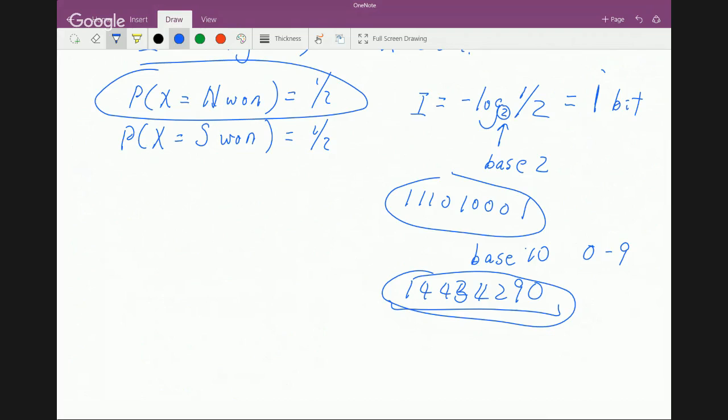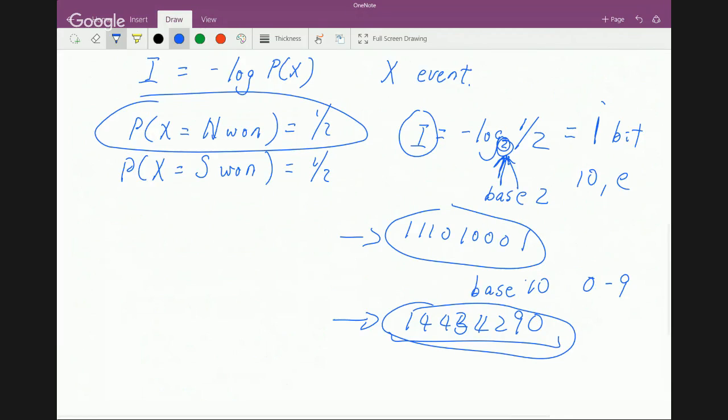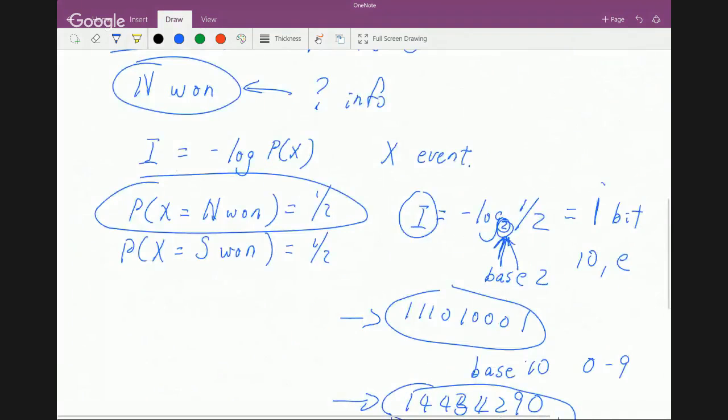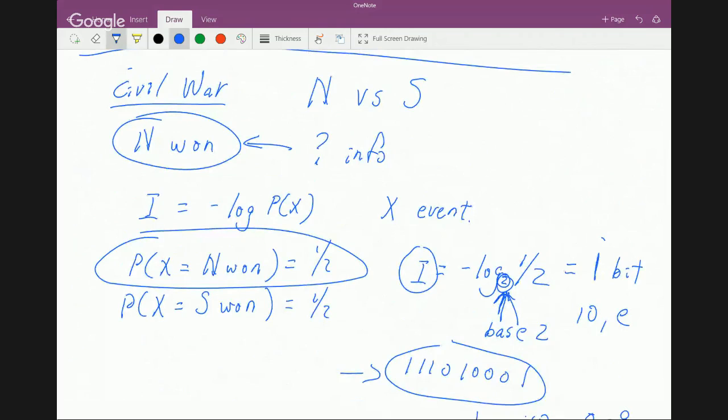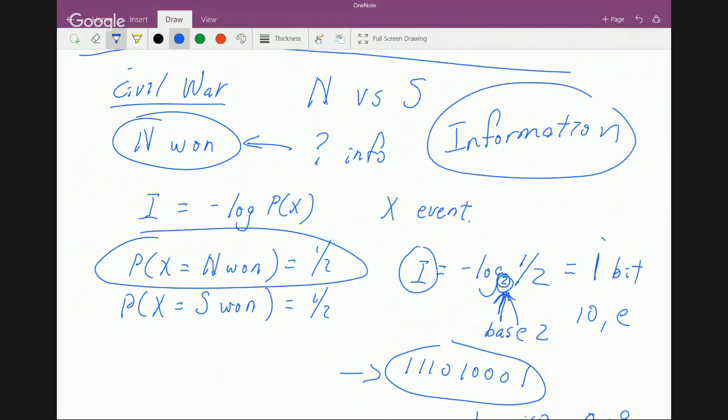Depending on how you want to represent information, you pick the base. Since 2 is very convenient in engineering, in this case we just pick 2. In other cases, you might pick 10 or even the exponential, e. So this is how you calculate information, the information equation right here.